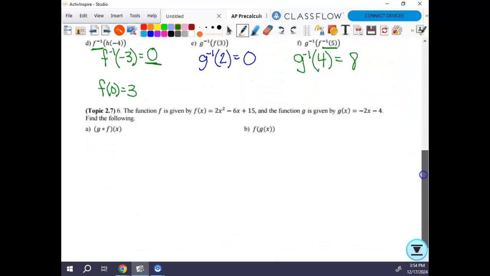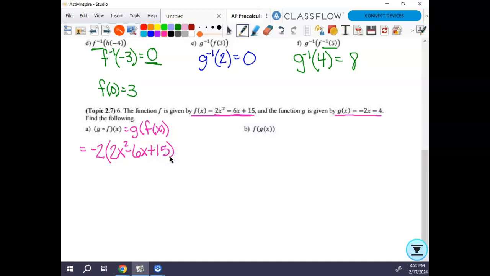Alrighty. So now we are going to find, this is f, this is g, and I want g of f of x. I like to rewrite that. And so I'm going to take f, substitute it in for g, taking this, substituting it everywhere I see an x. So that's -2, open my parentheses, 2x squared minus 6x plus 15.